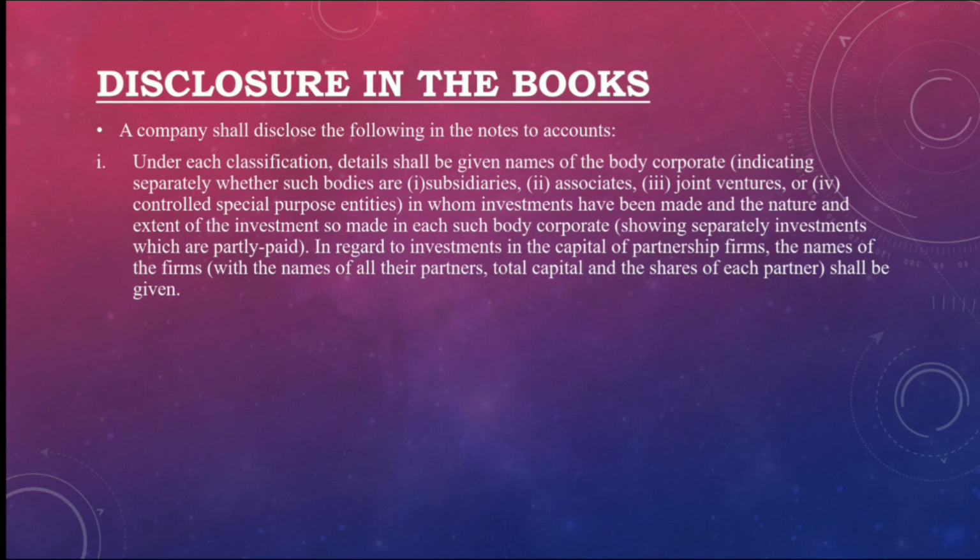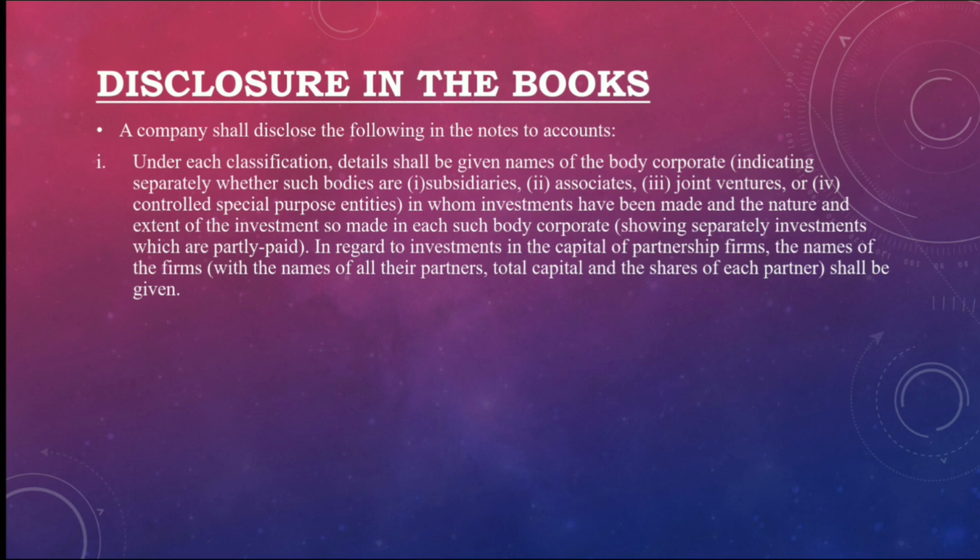Under each classification, that is, under each non-current investment, details shall be given of the body corporate in whom investments have been made. That is, the details regarding the body corporate or the other business in which the present business has made an investment have to be given, and it also has to be specified separately whether that entity is a subsidiary, an associate, a joint venture or a controlled special purpose entity.